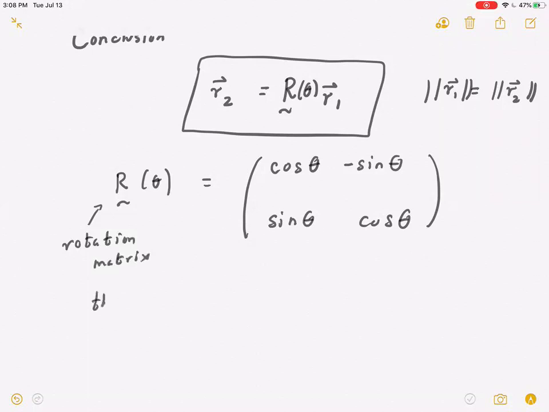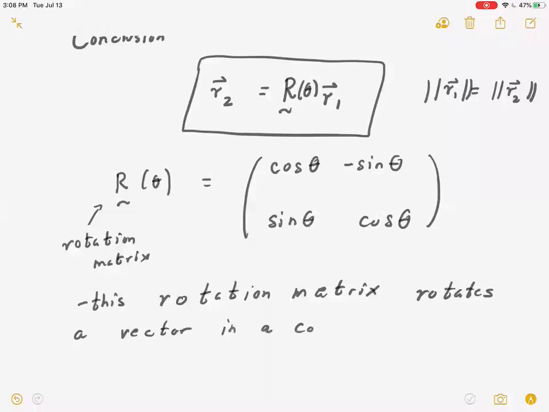And so this rotation matrix rotates. To figure out what it does, you just look at the name of it. It rotates a vector in a counterclockwise direction. So the way we constructed this thing, we looked at a specific direction where that rotation is occurring by an angle theta about the origin.